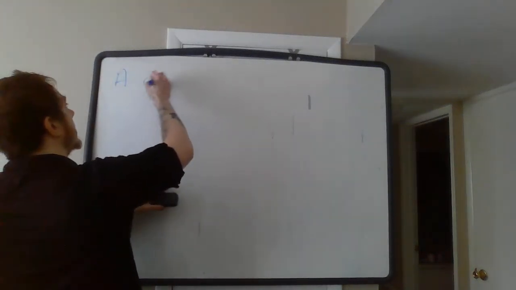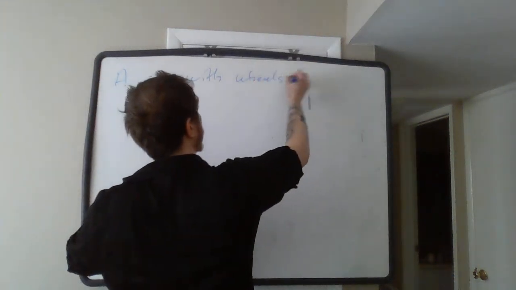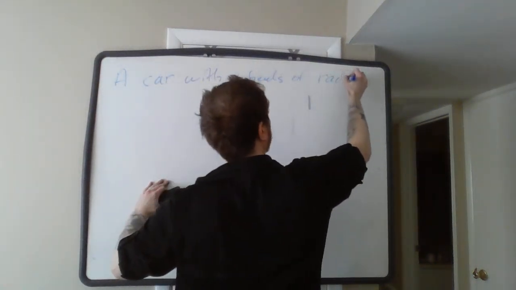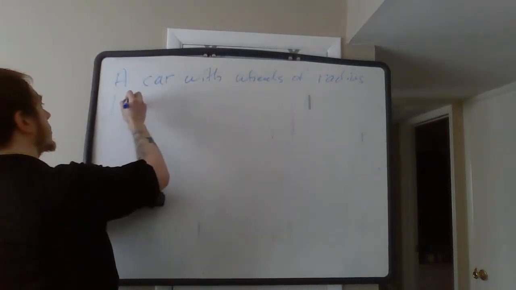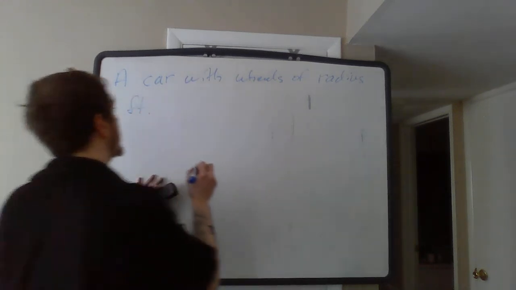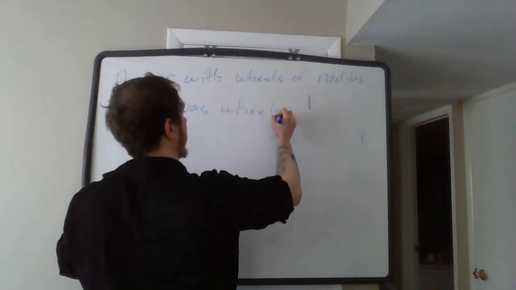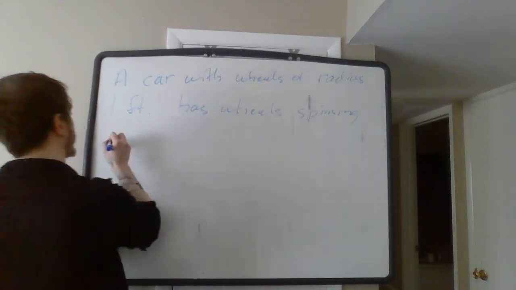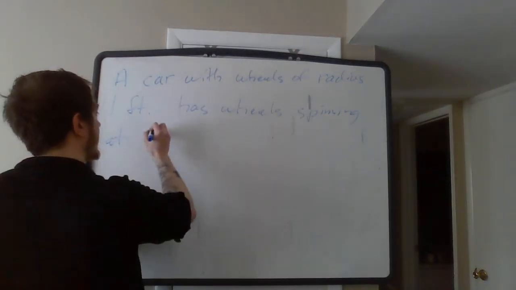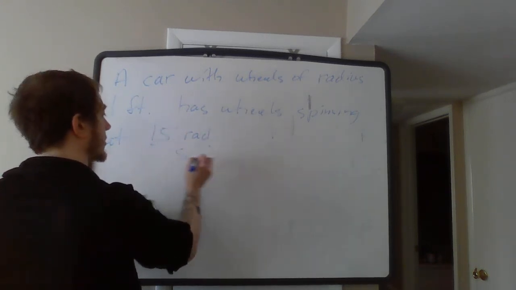So let's suppose that a car with wheels of radius, let's say that the radius of them is 1 foot, has wheels spinning at 15 radians per second.